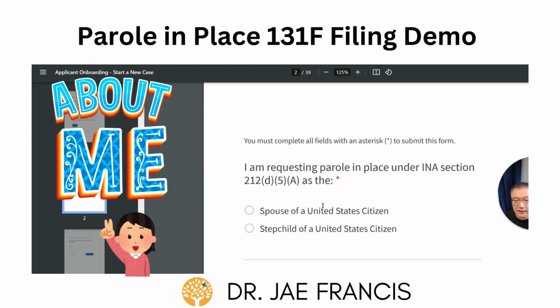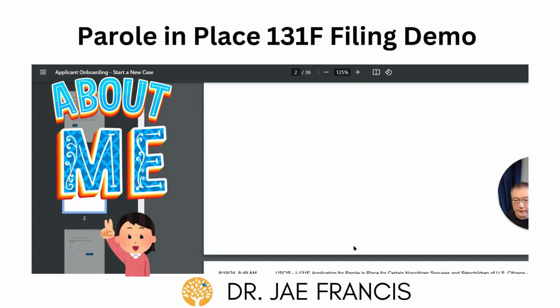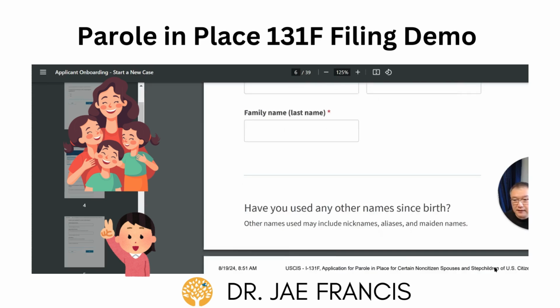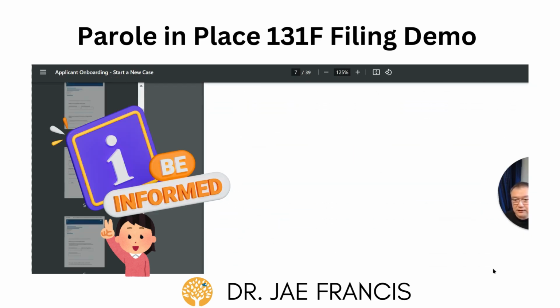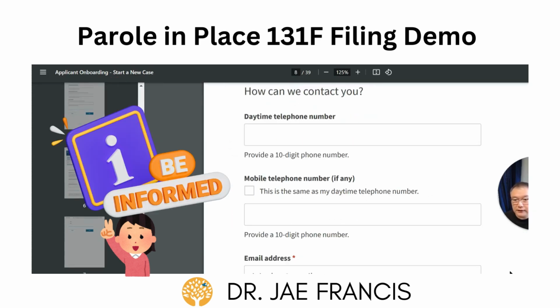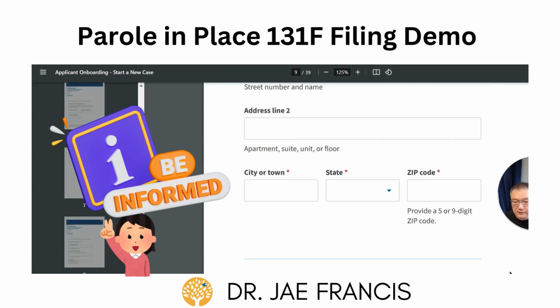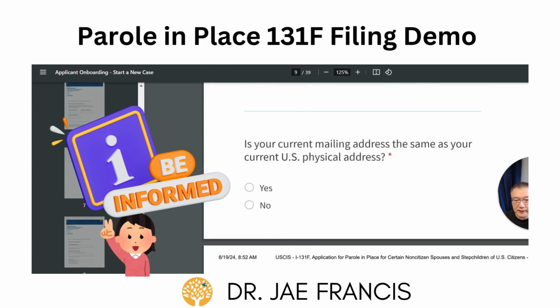Now, as you can see, the first information you need to submit is whether you're submitting as a spouse or stepchild. Then you'll be asked to provide your legal name and any other names you've used in the past. Then you need to add your phone number, email address, and your current residency information.